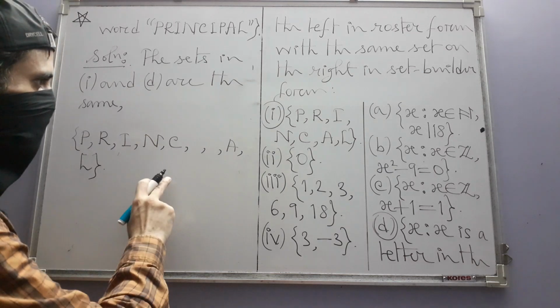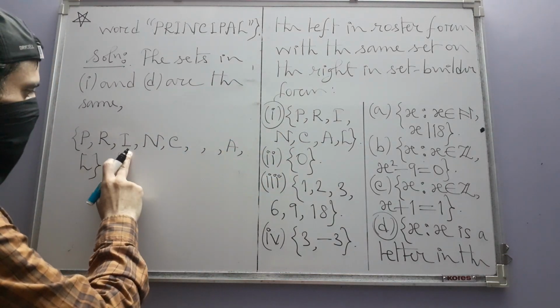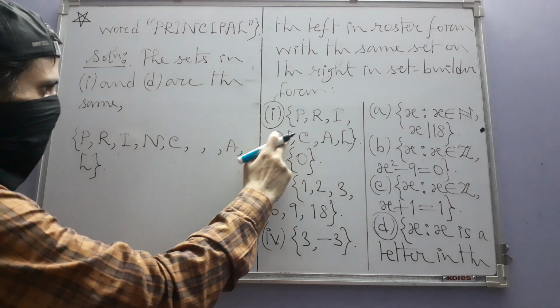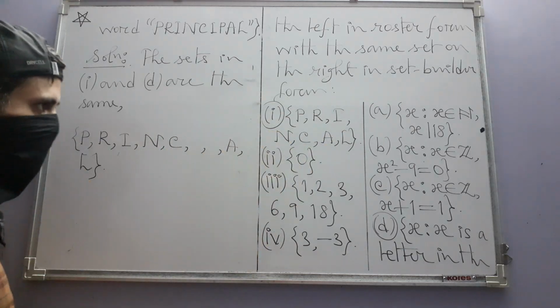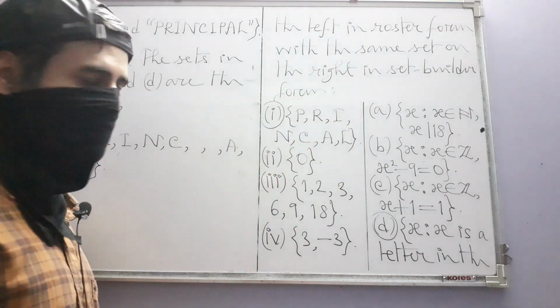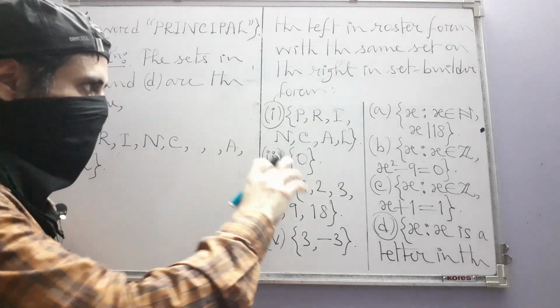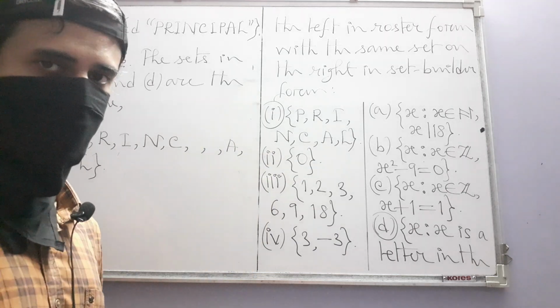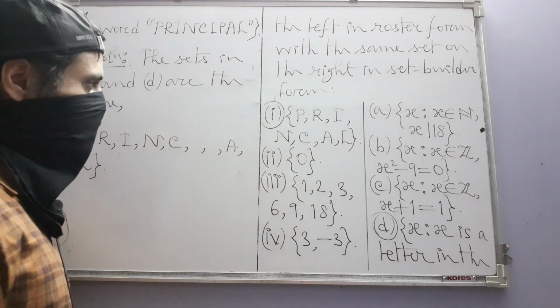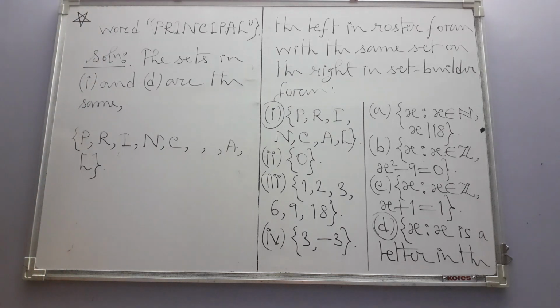And then you see whether you are really getting those same letters here. P, R, I, N, C, A, L. Okay, so this is how they also got this set. First writing the letters in their natural order in which they appear in the word, and then deleting common letters. Common letters means repeated letters.